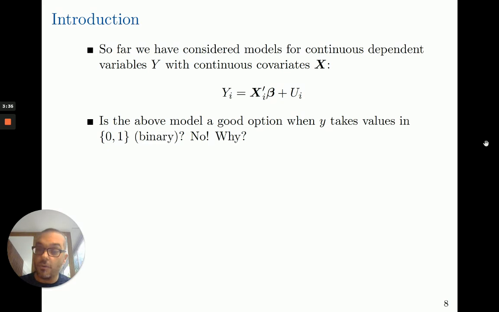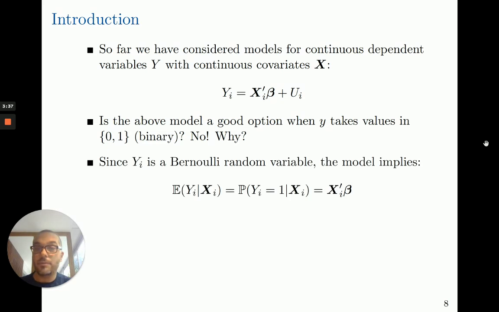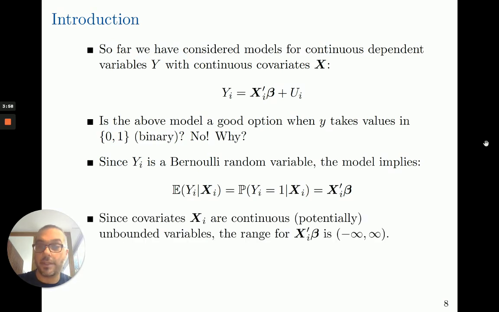And the answer is no, and why is it no? Because y is a Bernoulli random variable, the model implies that the conditional expectation of y given x is exactly the probability of y equal to 1 given x, which is x prime beta if you have a linear model, okay?